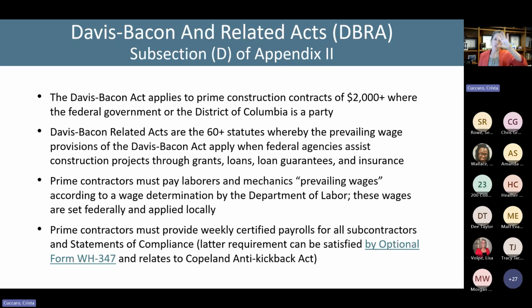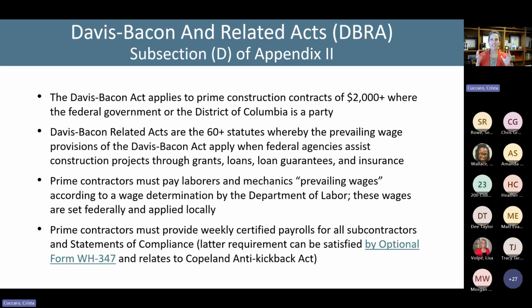But then there are Davis-Bacon related acts, which are statutes whereby the prevailing wage requirements of the Davis-Bacon Act are applicable when federal agencies are assisting construction projects through grants, loans, loan guarantees, and insurance. So primarily what we're talking about here is prevailing wages.